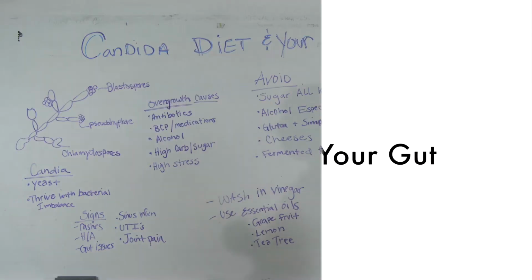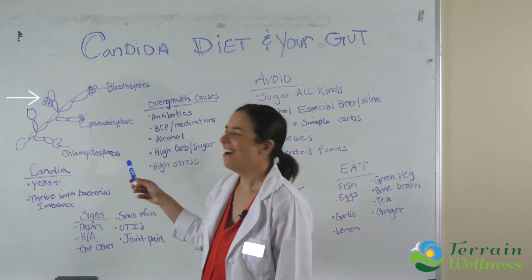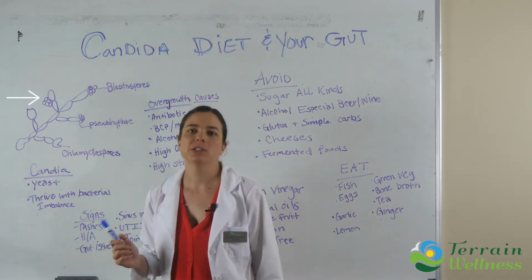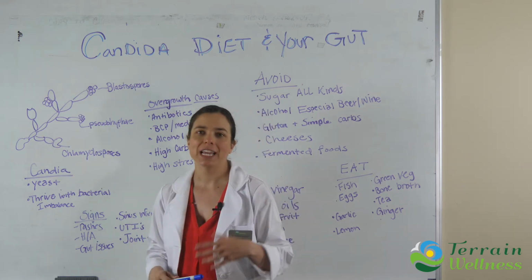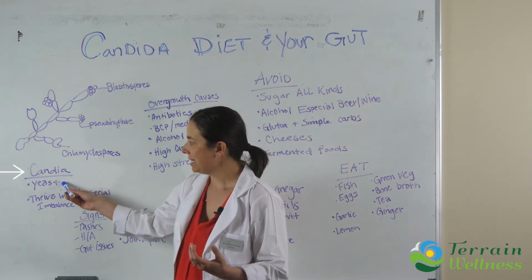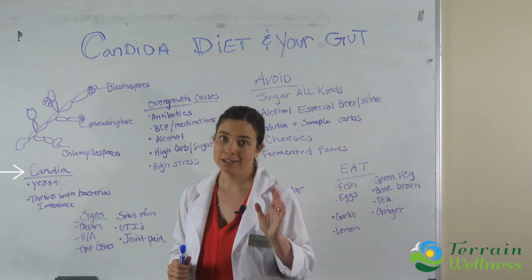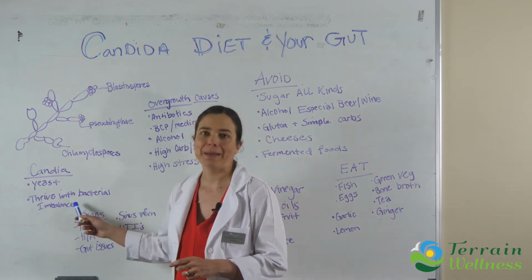So first, let's talk about what is Candida. Here's my amazing drawing of Candida albicans, which is a very common form of Candida that is found in an overgrowth quality in the body. So Candida is actually a yeast, which is in the fungus family, and it thrives when there's bacterial imbalances in the body.